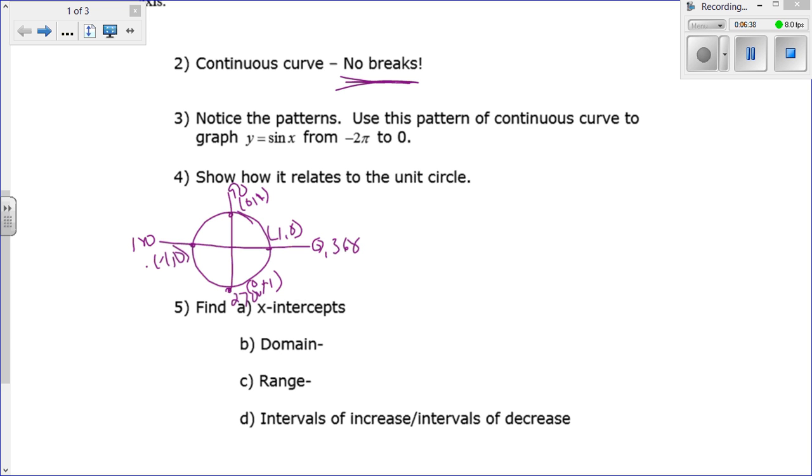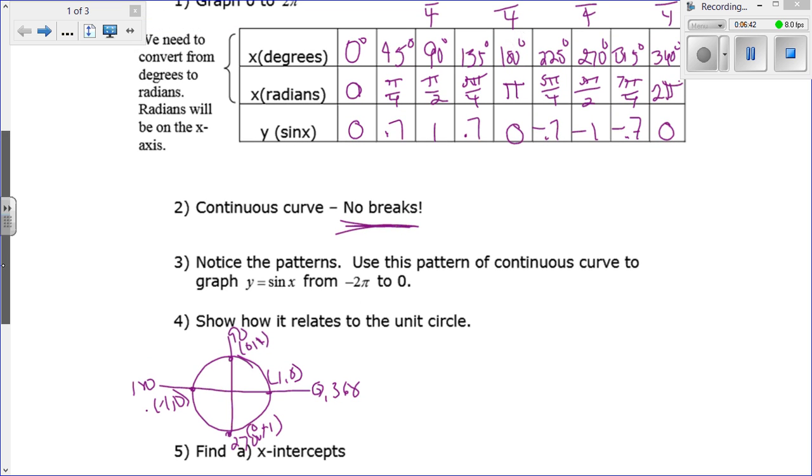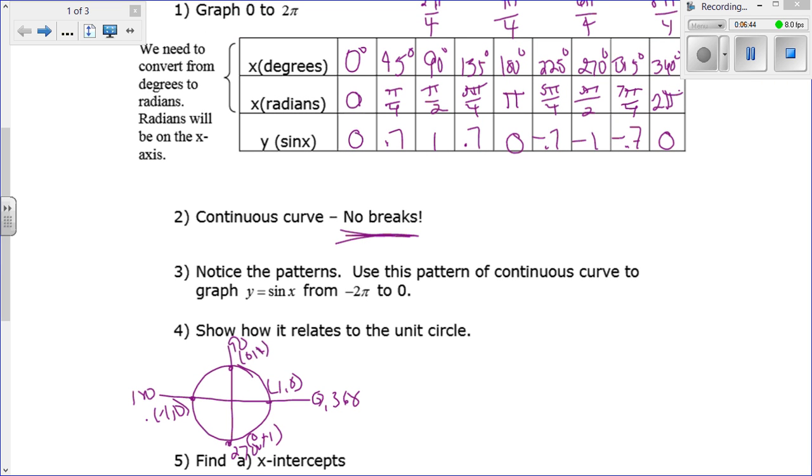Alright, if you look back up here at the chart, right about here, right at 180, that splits my axes in half. At 90, splits my axes in quarters. At 270, splits my axes again.